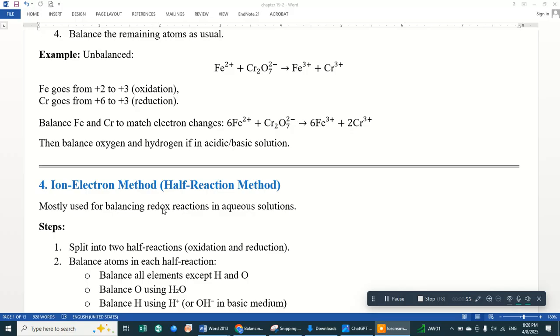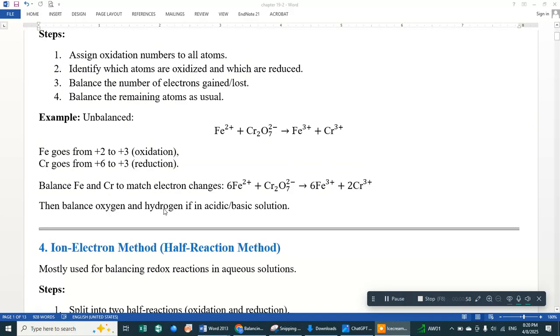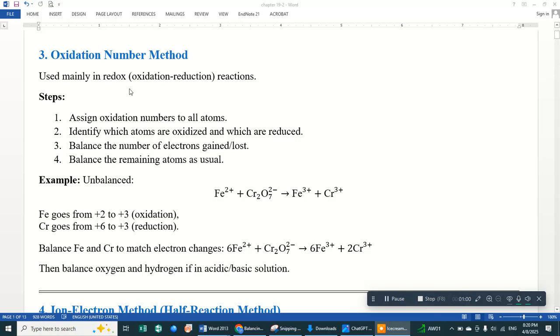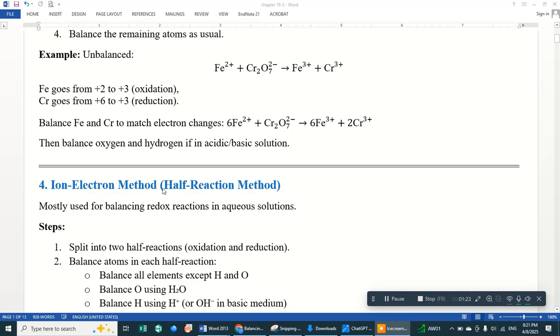The basic difference between the two methods is that the oxidation number method is used only for redox reactions, but it doesn't bother about the solutions, whether it's an acidic aqueous solution or a basic aqueous solution. But the ion electron method is used for balancing redox reactions in aqueous media, which may be acidic or basic.